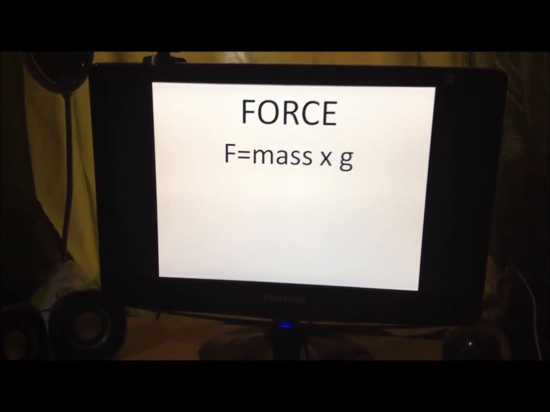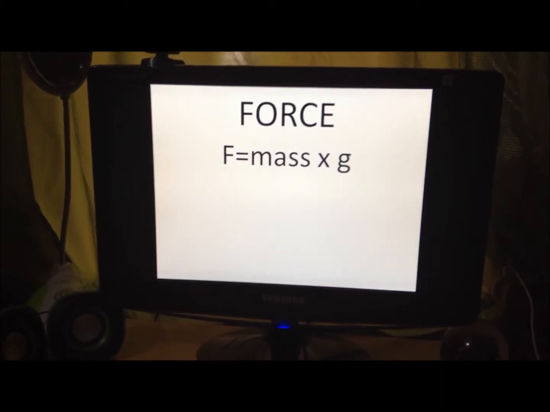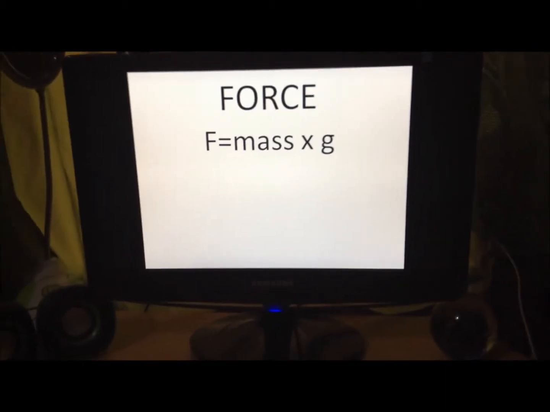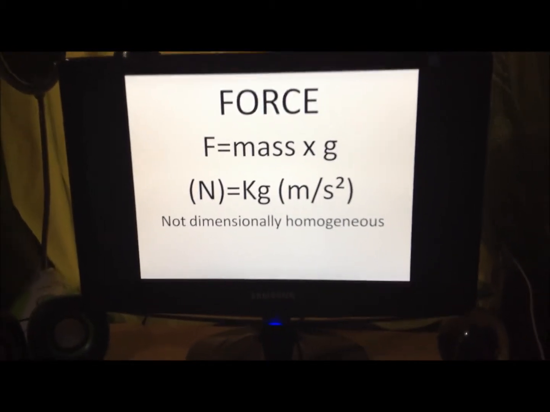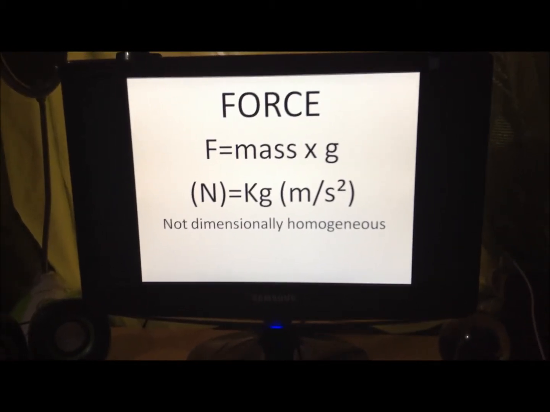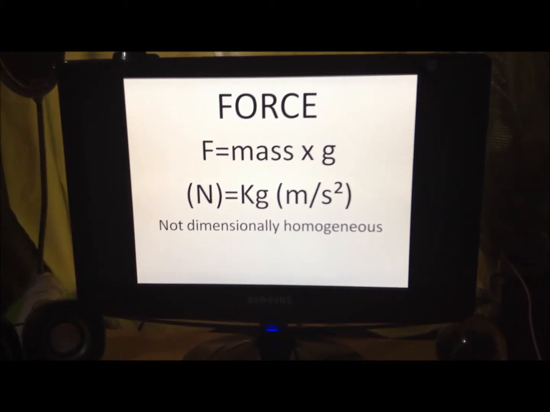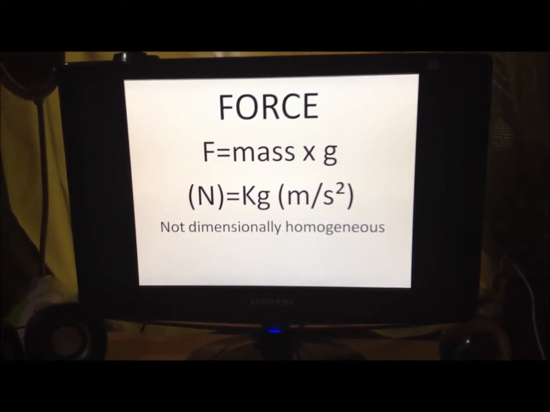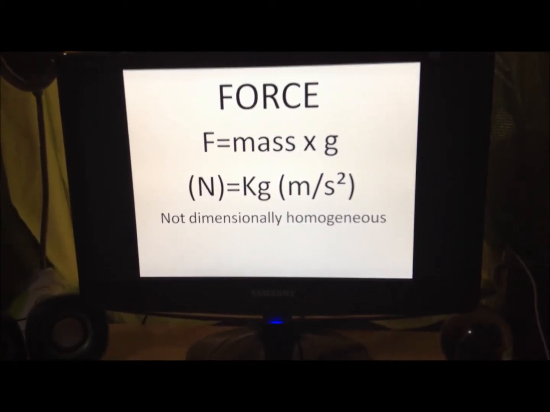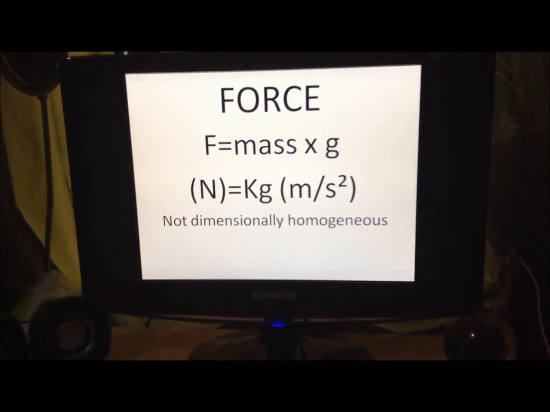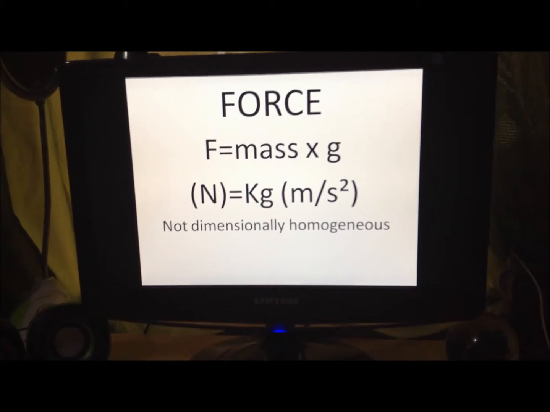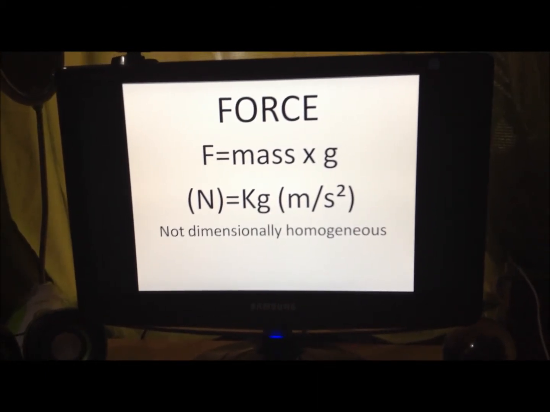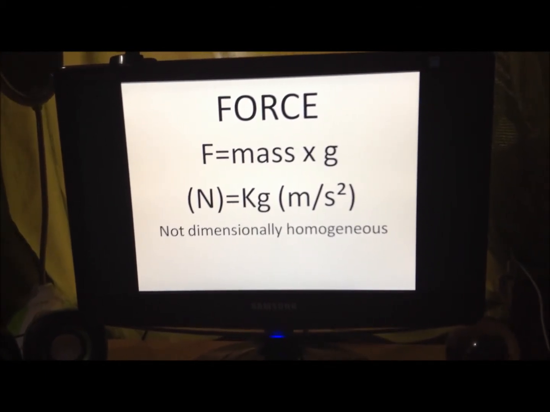Let's have another example. We have the force, which is equal to mass times the gravitational acceleration. If we have the units for that, we have Newton, which is equal to kilogram meter per second squared, which is not dimensionally homogeneous. Although we do believe that kilogram meter per second squared will be equal to Newton, in engineering we do not believe in that.